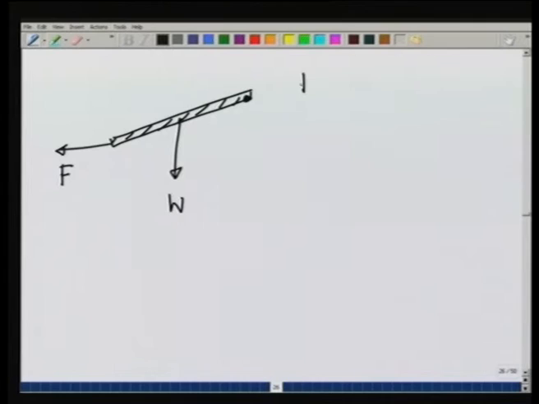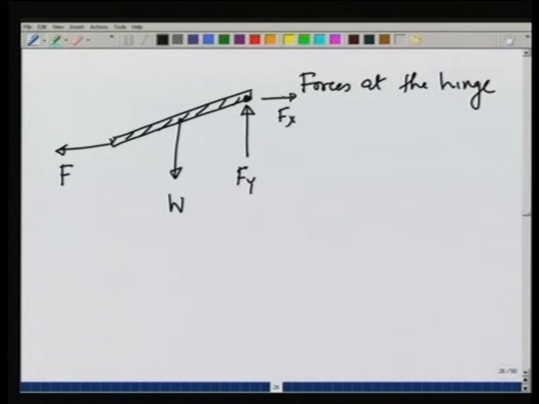I want to know the forces at the hinge. As I said just now, the hinge is capable of applying a vertical force and a horizontal force, F y the vertical force and F x the horizontal force. Then summation F x is equal to 0 gives me the horizontal force, and that gives me F x minus F is equal to 0 or F x equals F.